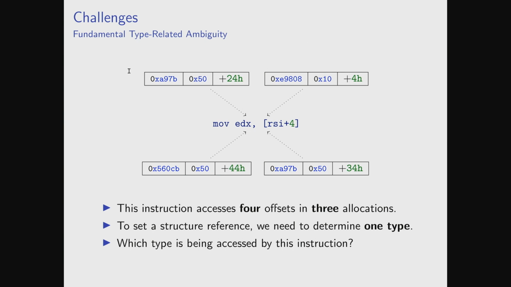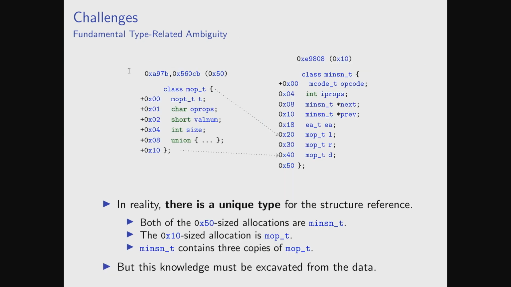So for example, if I've observed this instruction is accessing these 4 allocations, I need to assign one type here, and what is the type? As it turns out, I have the source code for this one, so I know 2 of those allocation sites allocate the same type, and as for the third one, well, there's 3 copies of that type within the other ones. So in fact, there is a type that we can associate with that location, but it's not trivial to know what the type is.